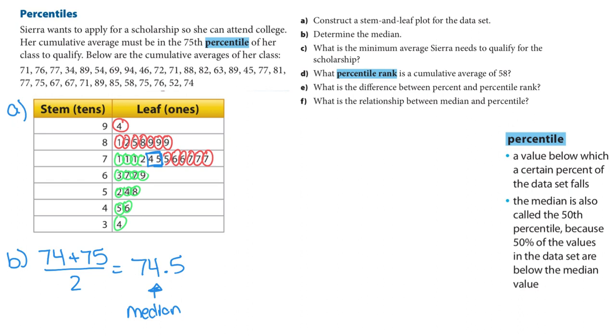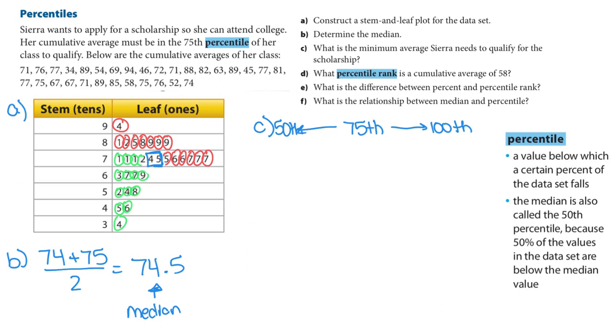So part C wants to know, what is the minimum average Sierra needs to qualify for the scholarship? If we do a little bit of problem solving here, we can say the 75th percentile should be halfway between the highest mark, which would be the 100th percentile, and the median, the middle, the 50th percentile.